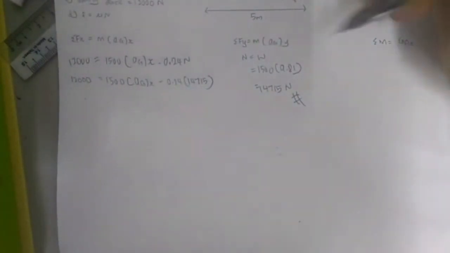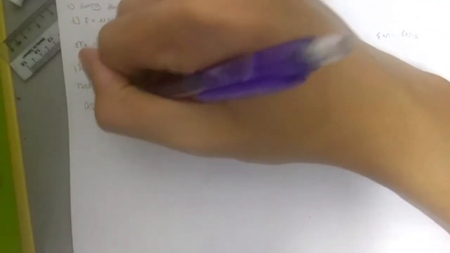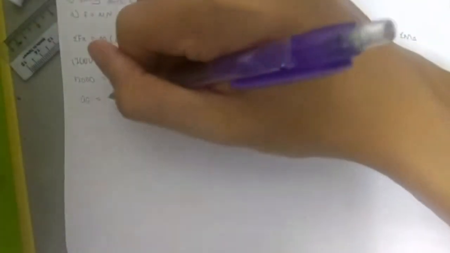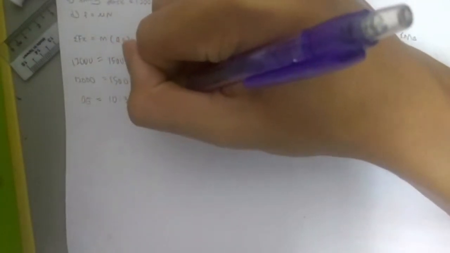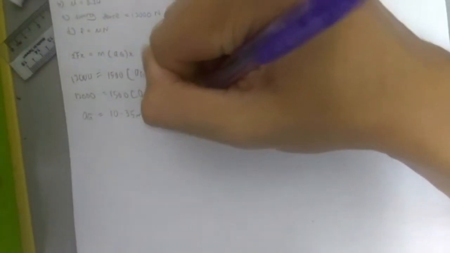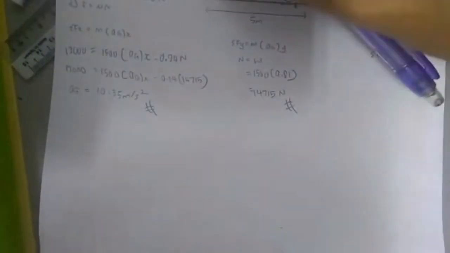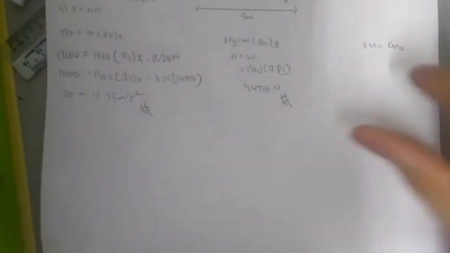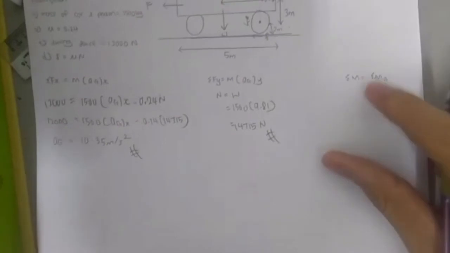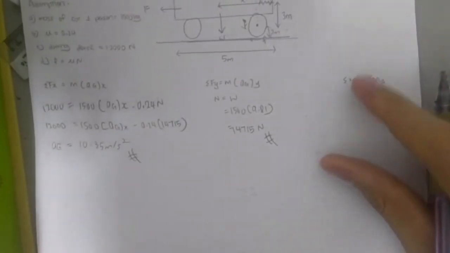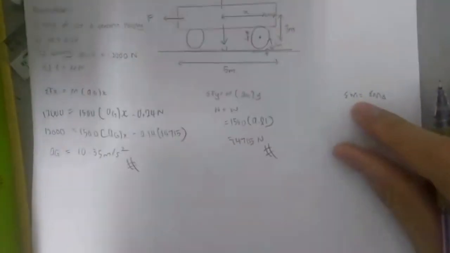So let's sub this. 14,715. Okay, so the answer that we get is 10.35 meter per second square.